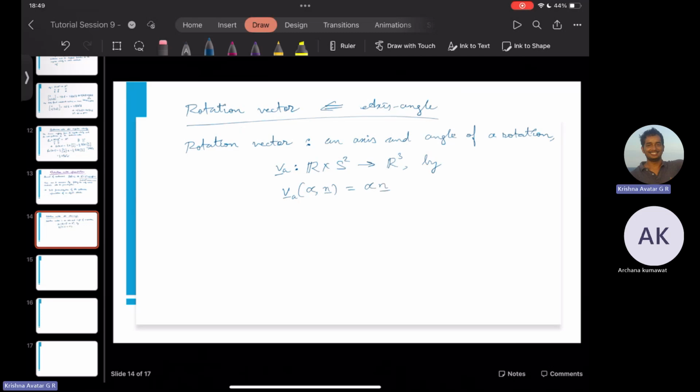This is what it is, the rotation vector. It's a function of the axis as well as the angle of a rotation.